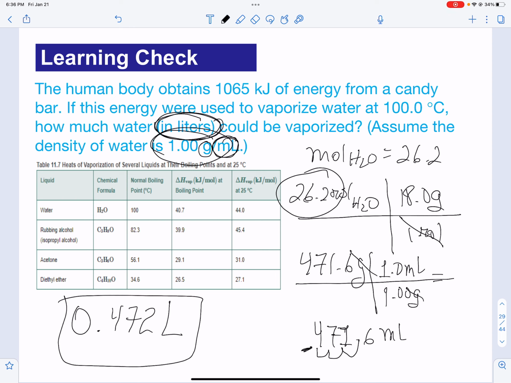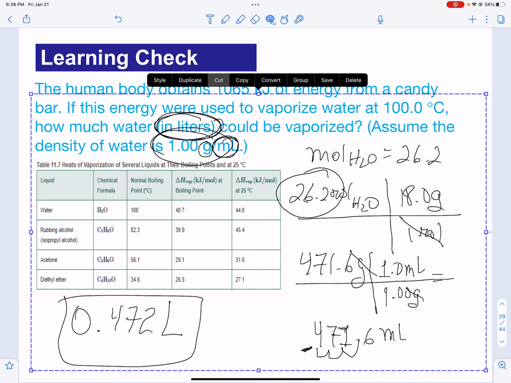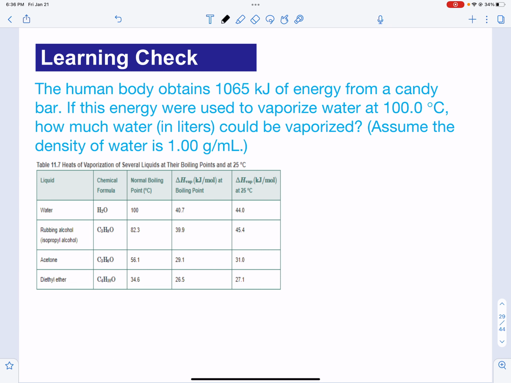So what's important about this problem? The most important thing was the use of the formula that you just learned. This is not from Chem 1, this is something that you didn't know.